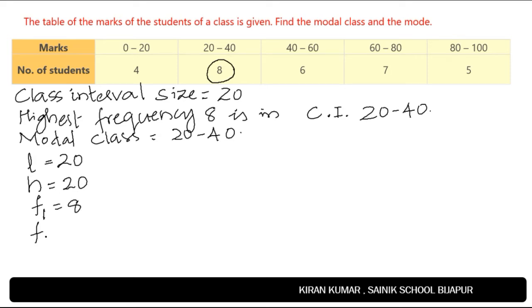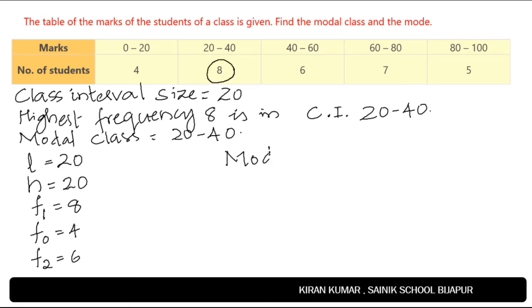The frequency of the class preceding the modal class is 4. The frequency of the class interval next to the modal class is 6. So we have all the information related to finding the mode.